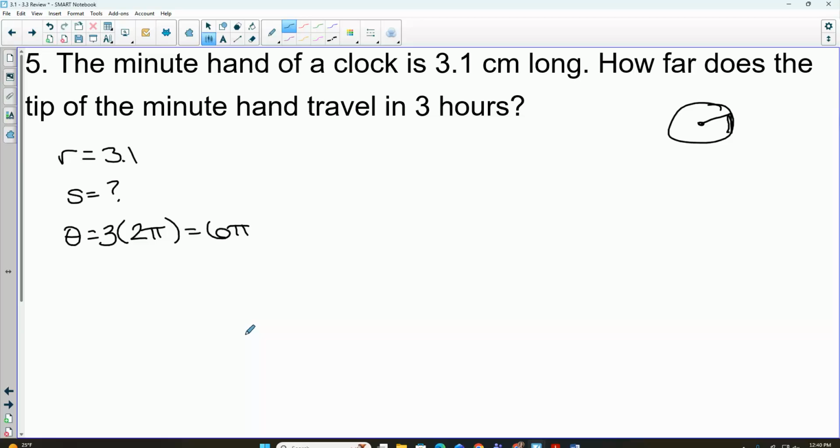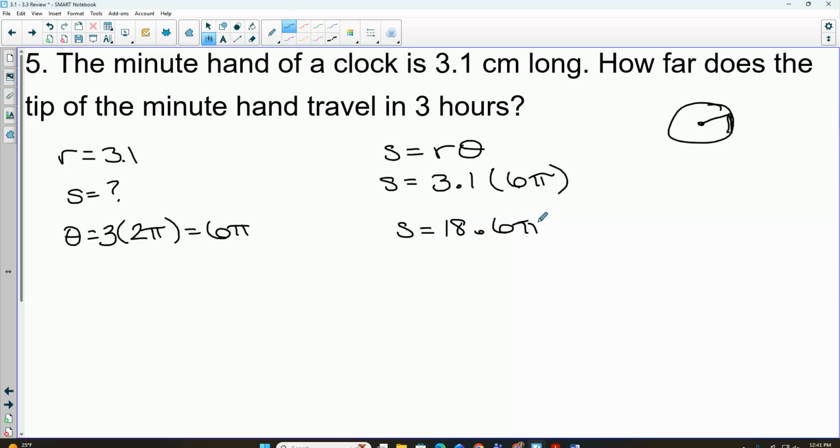If we make a list of all the information we have, then it's really easy to pick the formula. We have R, S, and theta, so the only formula using those is S equals R theta. Plug in. 9.3 pi.